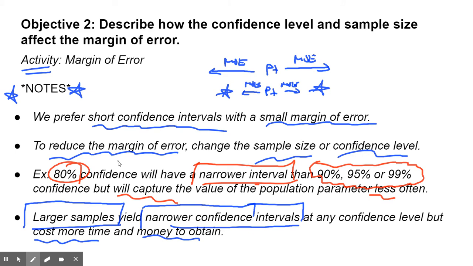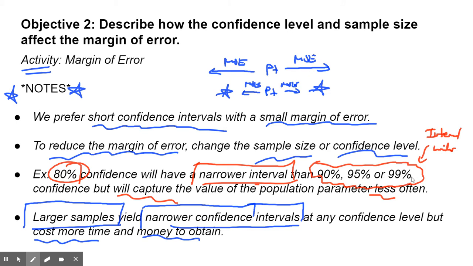So you can choose to have a low percentage, which is going to narrow your interval, give you a small interval, but you're going to be wrong more, versus having 90, 95, 99% confidence intervals where your interval will be a little bit wider. And again, that's just because you need to be right 90%, 95%, or 99% of the time.